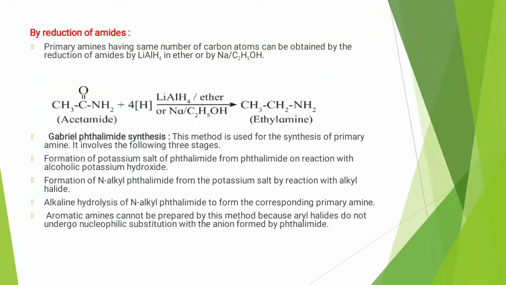And second step is the formation of N-alkyl phthalimide from potassium salt by the reaction with alkyl halide. And the third step, alkaline hydrolysis of N-alkyl phthalimide, forms the corresponding primary amine.